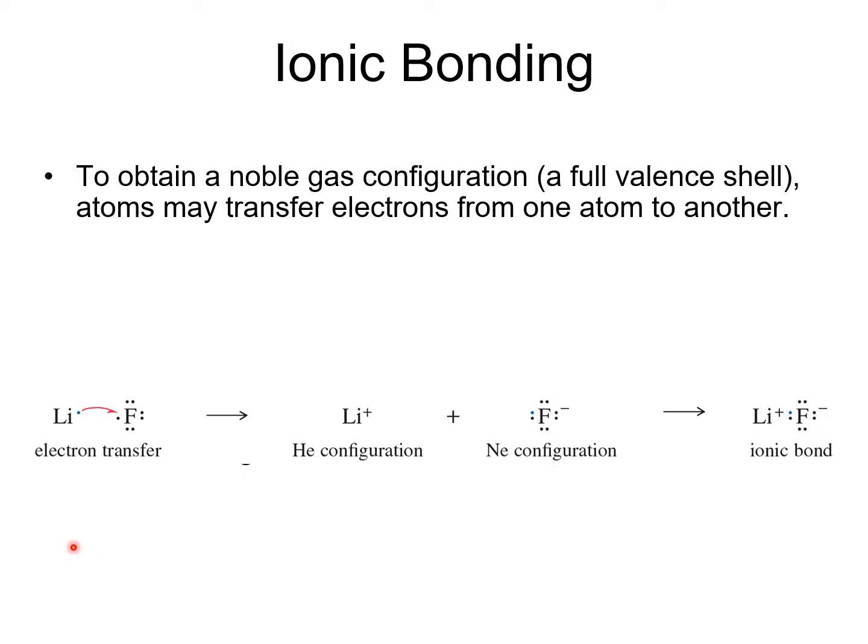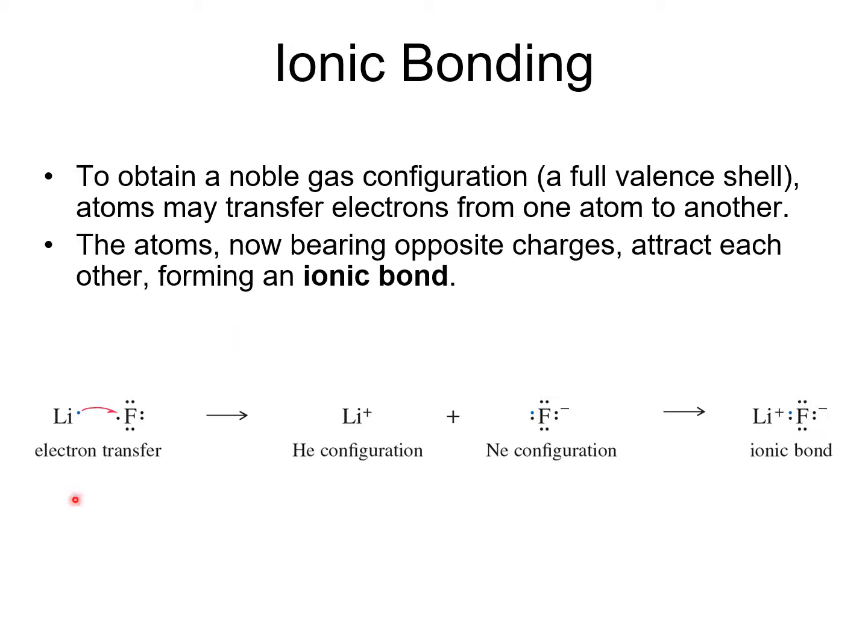So what we're going to do here is we have lithium that has 1 valence electron. We have fluorine that has 7 valence electrons. So this does not have an octet. This also does not have an octet. Ionic bonding is between two elements on opposite sides of the periodic table.